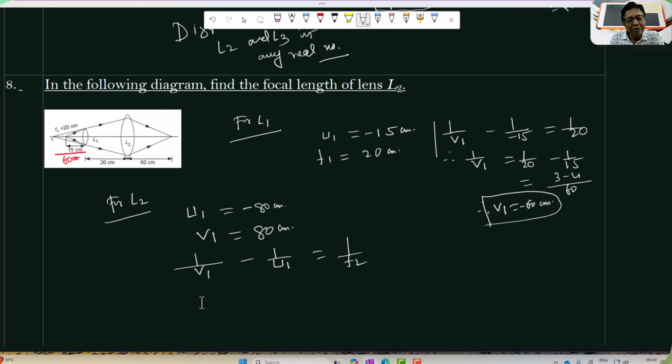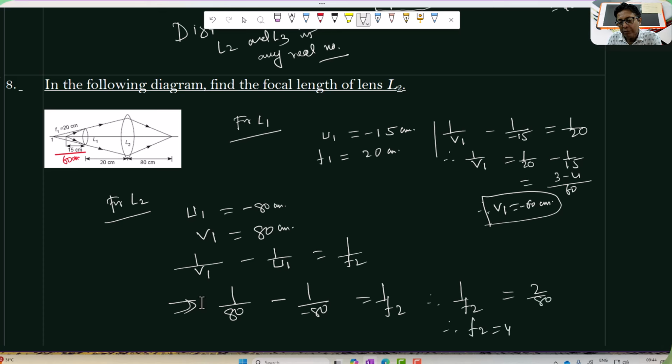This V is plus, this U is minus, therefore 1 by F2 is 2 by 80, F2 is 40 centimeter. This is the focal length of the second lens.